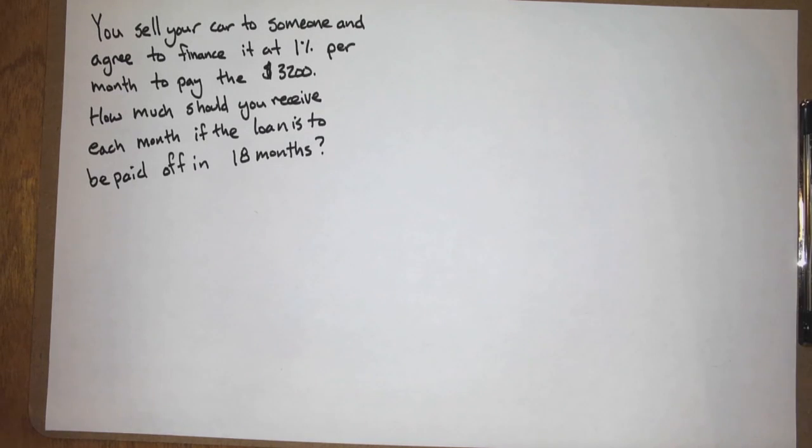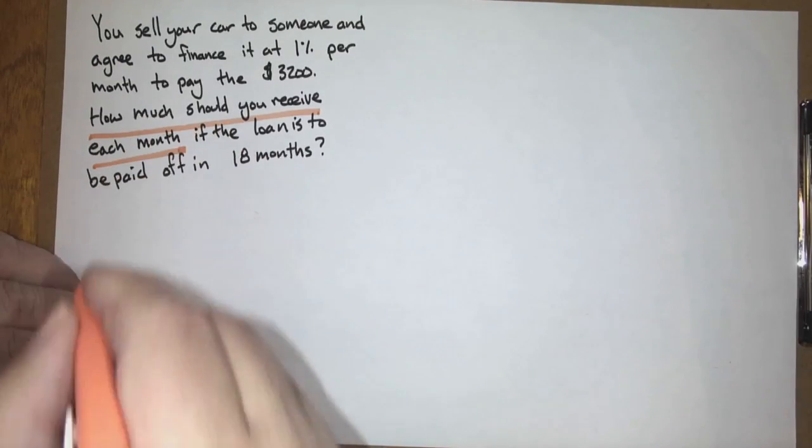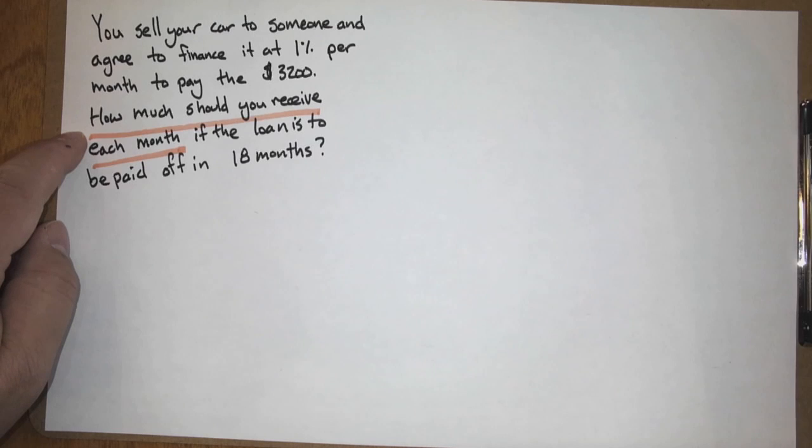So, let's think about how much should you receive each month? What is it we're trying to solve for here, in terms of things we've talked about? This is the payment. So you're having a loan repaid.